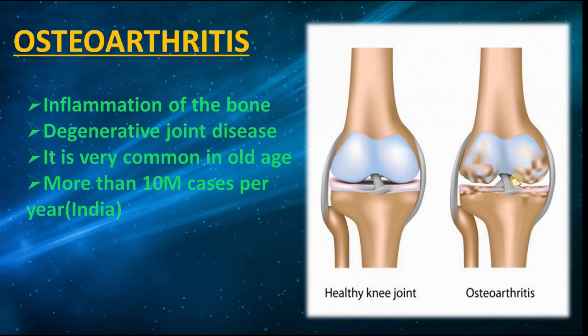Degenerative changes occur in the knee joint and bone spurs form, so it reduces the range of motion of the knee joint. I will make a video on osteoarthritis in my future lectures.